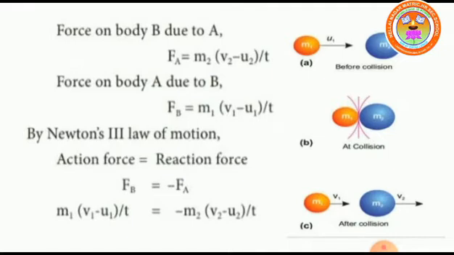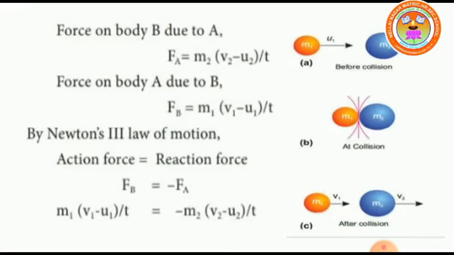Force on body B due to A. Now we are going to use Newton's second law. What is the Newton's second law formula? F is equal to m into (v minus u) divided by t. Here two objects are there.